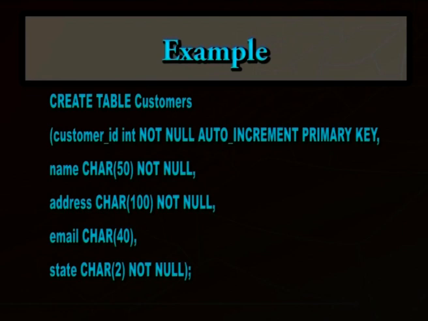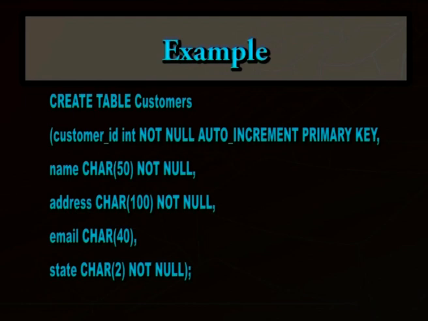In this example, we are creating a table with the name customers, where customer ID is an attribute of the integer type having the constraint not null. That is to put a restriction on the column values that the attribute value cannot be null, it must have some value.